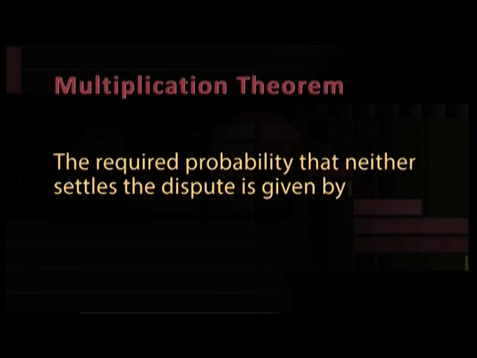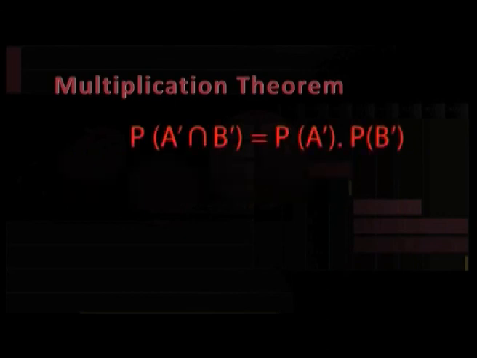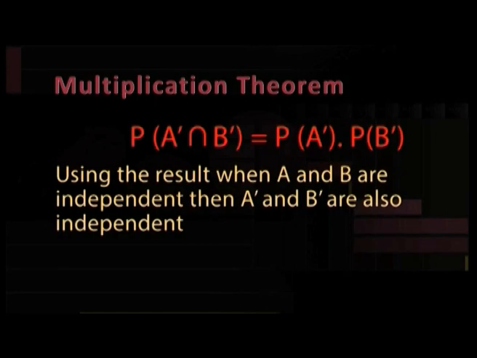Therefore, the required probability that neither settles the dispute, which is given by probability of A complement intersection B complement, is equal to probability of A complement multiplied by probability of B complement. Using the result when A and B are independent, then A complement and B complement are also independent, is equal to 4/7 multiplied by 8/15, which is equal to 32/105.